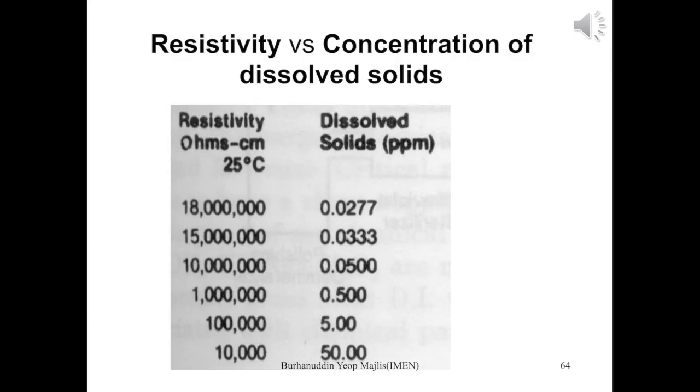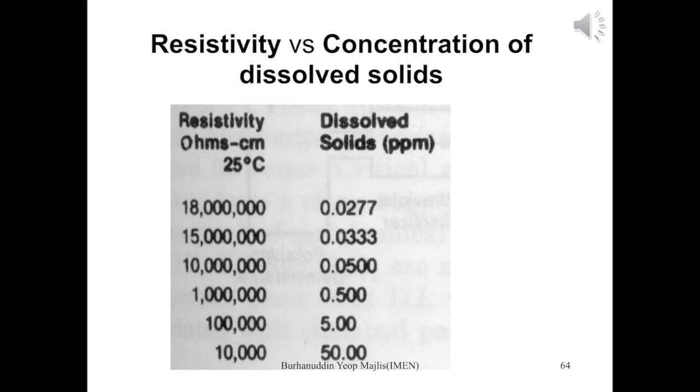Normally, to check whether the water is pure enough to be used, we can monitor the resistivity, because the resistivity reflects the dissolved solids in the water. For example, 18 mega ohm centimeter resistivity means the dissolved solid is 0.0277 parts per million.